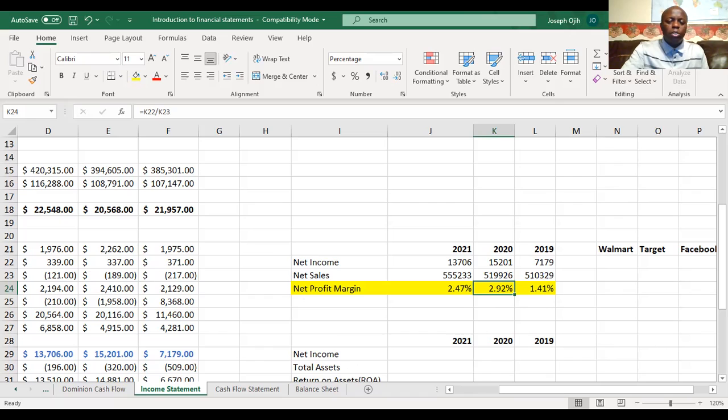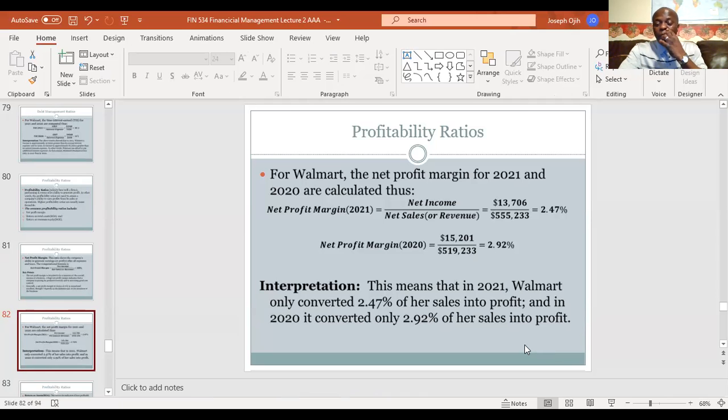Now, let me take you to the PowerPoint so you can see exactly how I interpreted it for this year so far. This year has not finished yet, but we have said Walmart converted 2.47% of all the sales into profit in year 2021.